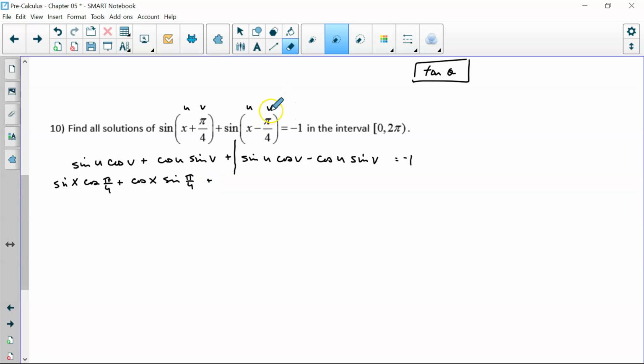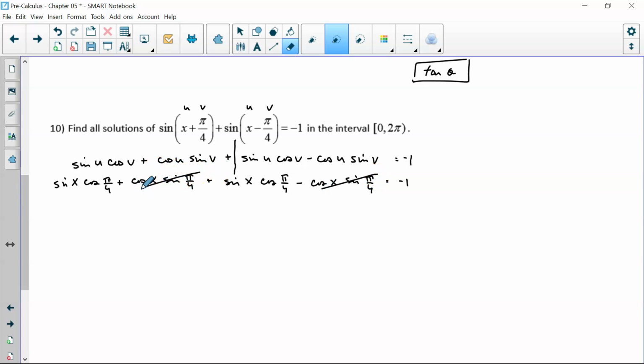Now for the other expression, the sine of x cosine pi over 4 minus the cosine of x sine pi over 4. Now, we wanted to make sure we substitute everything in because we're not always going to have our u and v's be the same value. So that's why I did that. Now, if we look, I see a cosine of x and a sine of pi over 4, and I see a negative cosine of x sine of pi over 4. They cancel out.